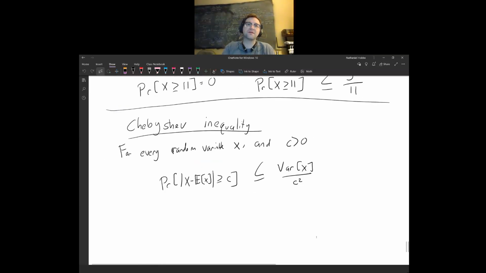So Chebyshev is another measure to predict how far away from the expectation you could be. But Chebyshev is a tighter bound, where Markov might tell you that the probability of rolling a 7 is less than a half.